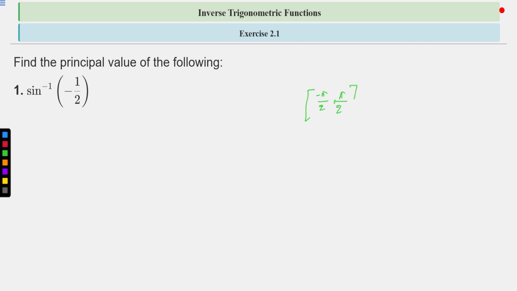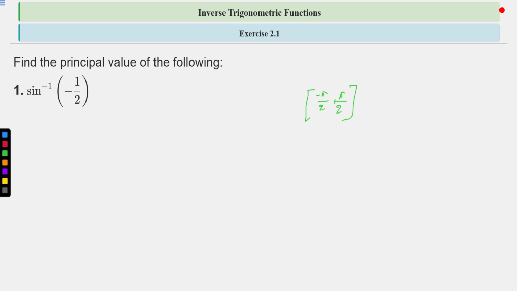When the domain of sine theta is restricted to minus pi by 2 to pi by 2, we will say that this domain will be in the principal range, right? Clear? So you just have to find the value which is in minus pi by 2 to pi by 2 and having value of sine theta as minus 1 by 2, right? Clear?